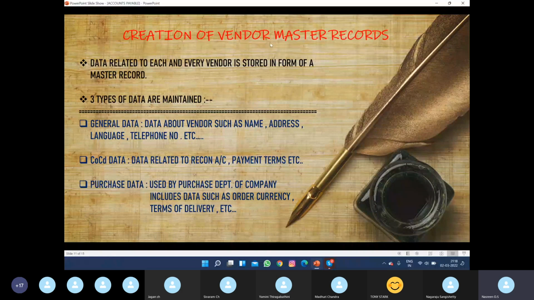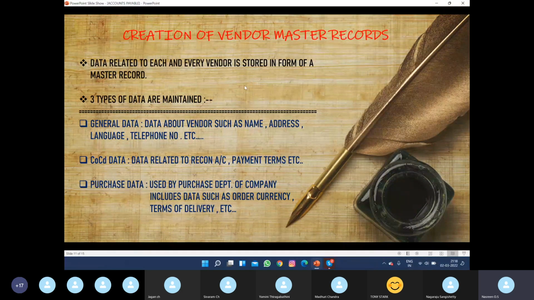What is creation of vendor master records? Vendor master records generally means the creation of each and every vendor in our server. It is the data related to each and every vendor, and all the data related to these vendors are stored in the form of a master record.